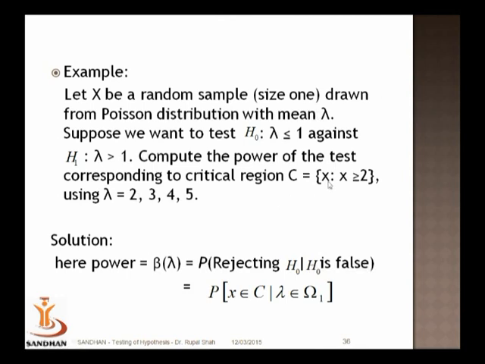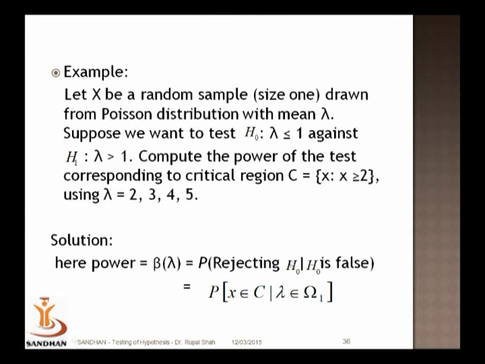So the critical region for this problem is specified to be x greater than or equal to 2. That means if in a half an hour interval we observe 2 or more calls, we are going to reject this claim. And if we observe x to be less than 2 in a half an hour interval, we will be in favor of H0.